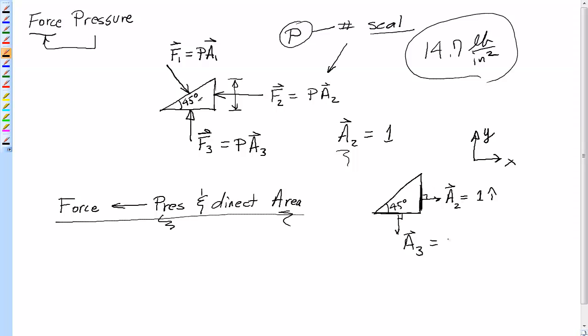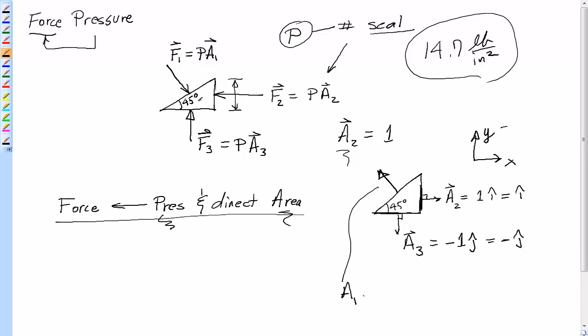If that's the case, then this area is the same as that area. And it happens to be going in the negative y direction, so I really should have put a minus 1j. I could just call this i, call this minus j. Now here's the key. What is this vector?